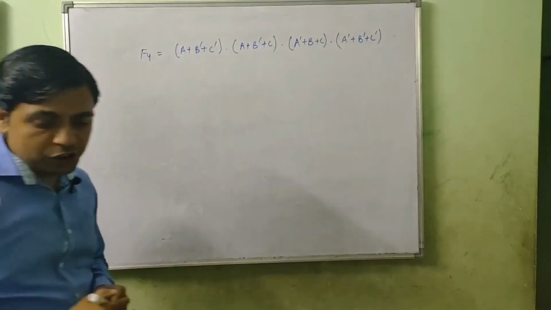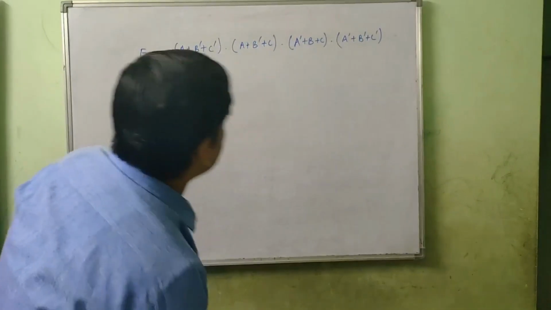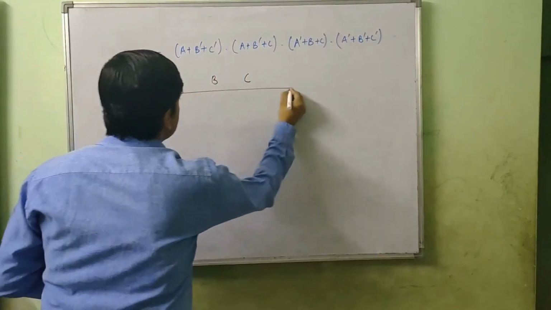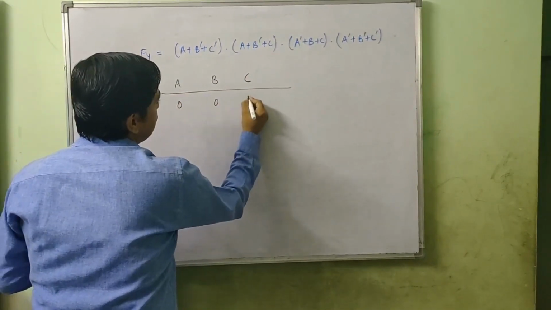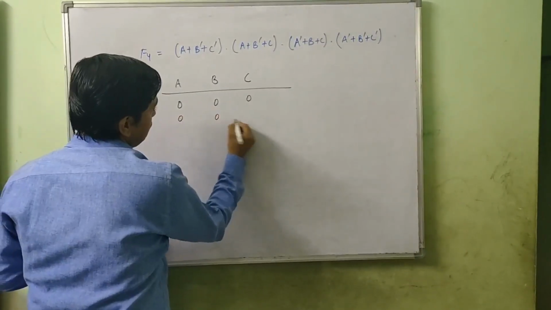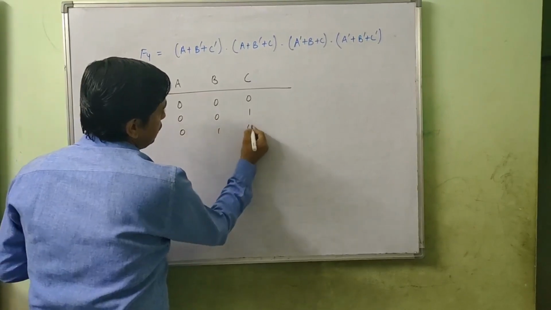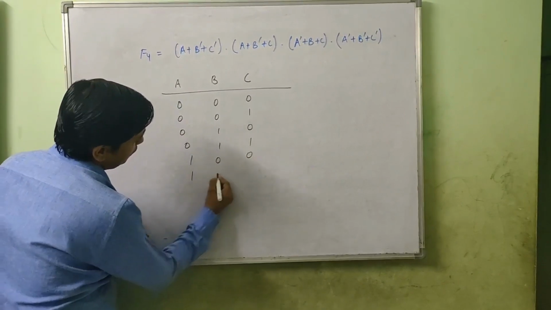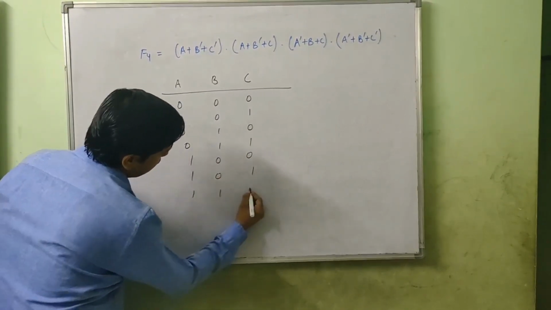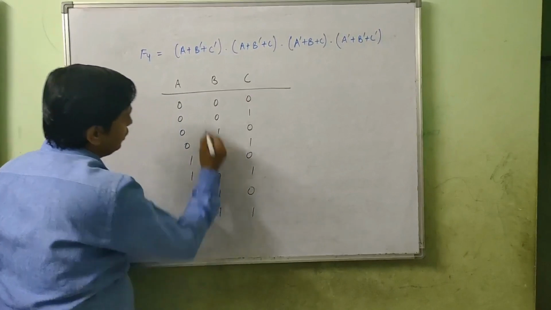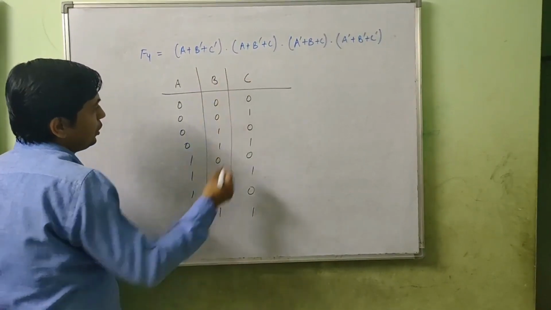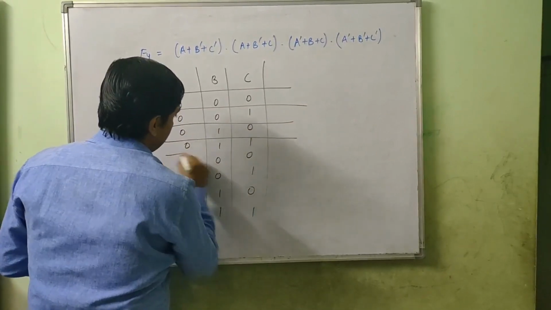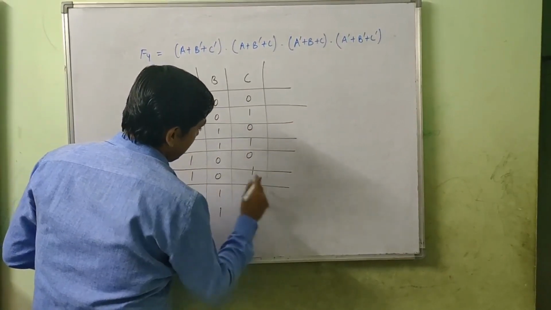Now we will make the truth table for it. So a, b, c, three variables, and their possible combinations: 0 0 0, 0 0 1, 0 1 0, 0 1 1, 1 0 0, 1 0 1, 1 1 0, 1 1 1. 8 possible combinations, and there will be 8 possible outputs.